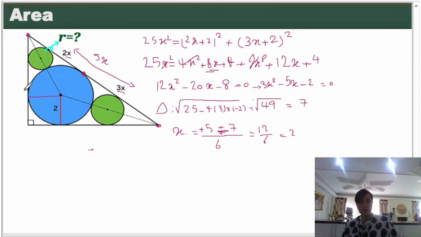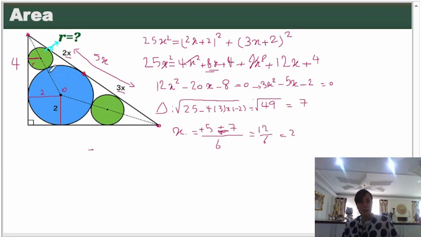So here was 2x, so it would be 4. This length would be 4. Oh, this length is 2. This length is r, that I am going to find.